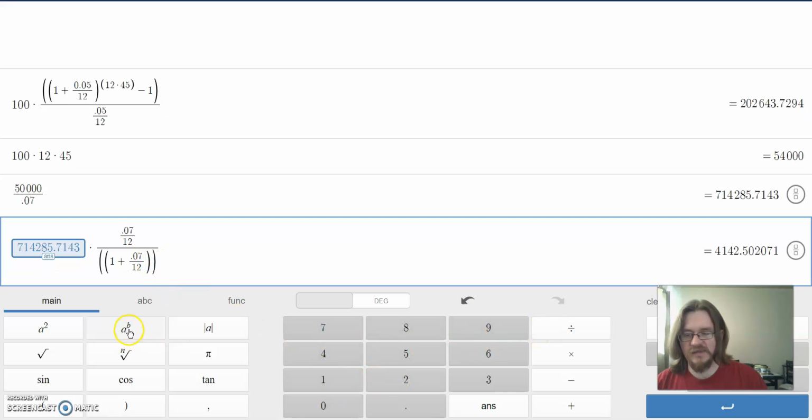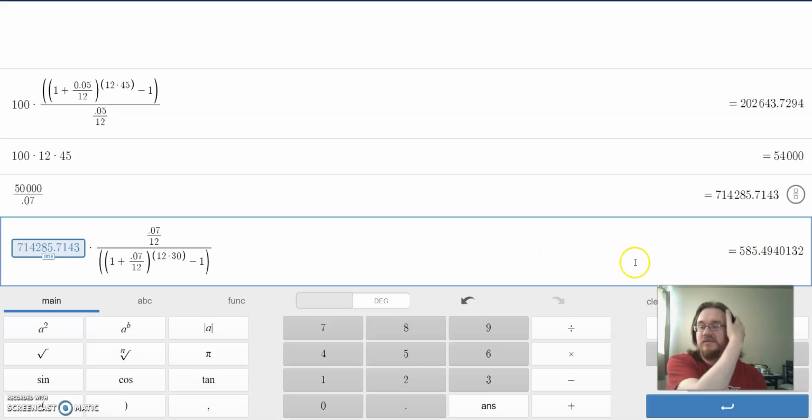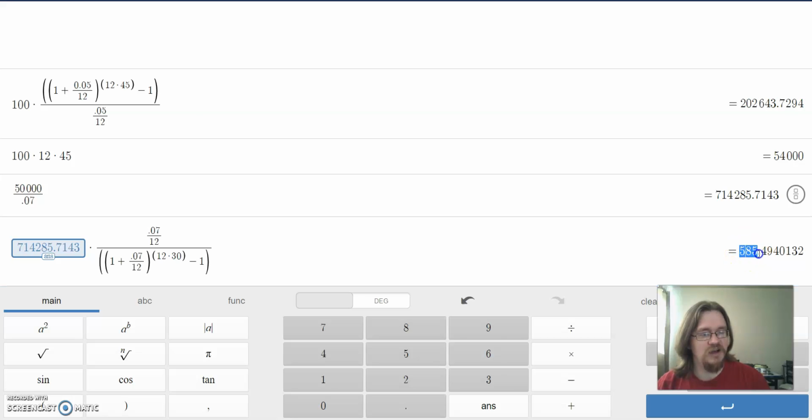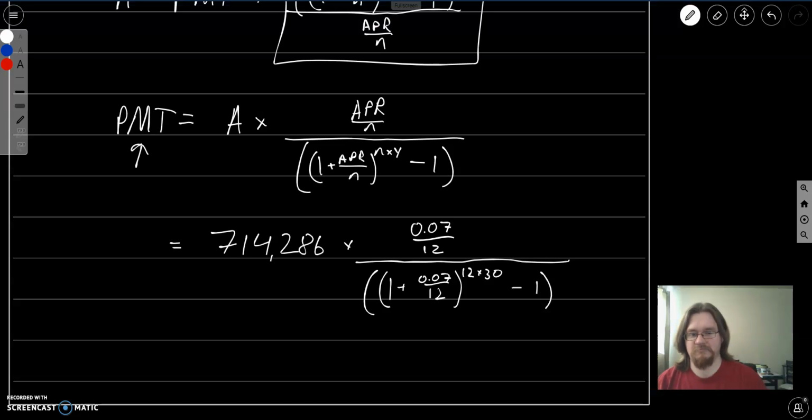This was being raised to a power, and with the issue that we had before, we have to use a couple parentheses up there just to make sure everything stays up there. So that's going to be 12 times 30 minus 1. And so we can see here that Bill is going to need to invest, if I round to the nearest dollar, $585 each month.